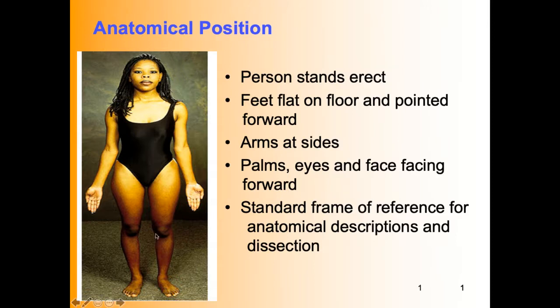What we see from the front is everything in this woman's anterior. What we can't see is everything on the woman's posterior. So we're already hearing some terms, anterior and posterior. These are opposite terms.